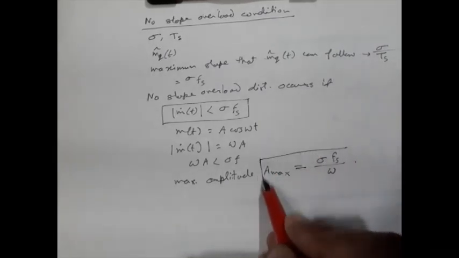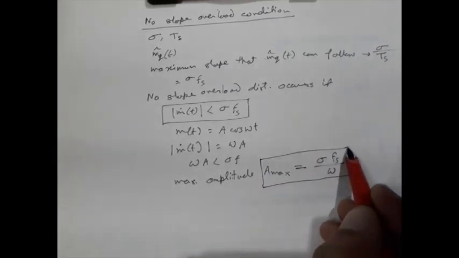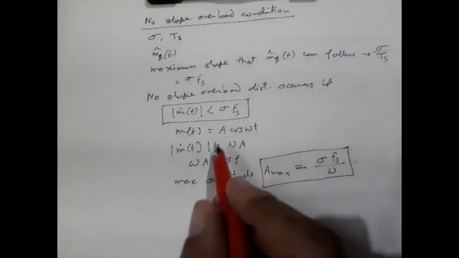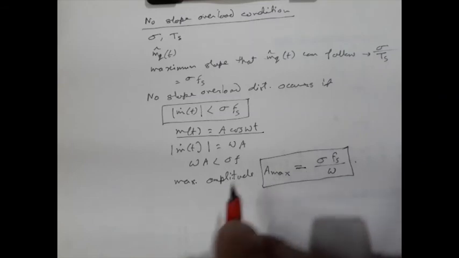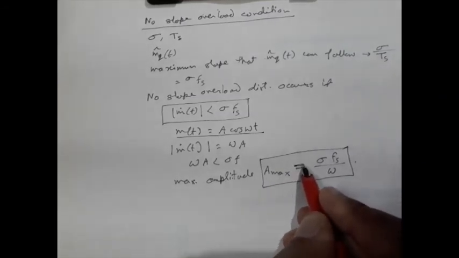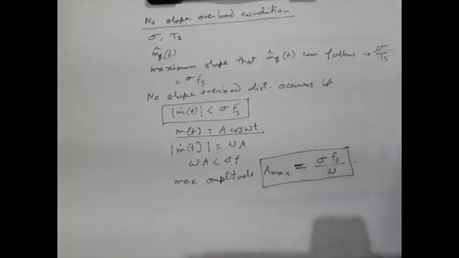So for a system we can get the no slope overload condition when m(t) is a sinusoidal variation. The maximum amplitude of the signal may be determined from this relation.